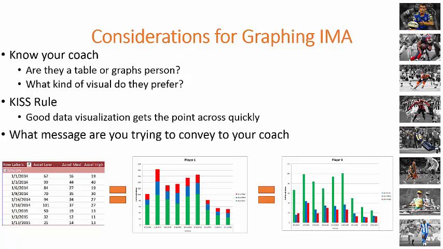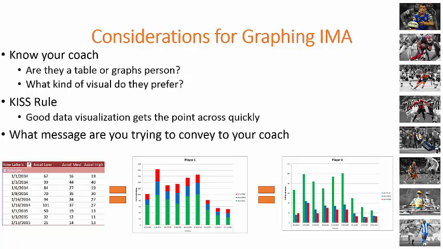If we go down to the bottom here, in this table and these two graphs, these all represent the same data set. This table is equal to the middle graph, which is equal to the far right graph. But what I wanted to convey is that the graphs want to be representative of the point you're trying to get across.